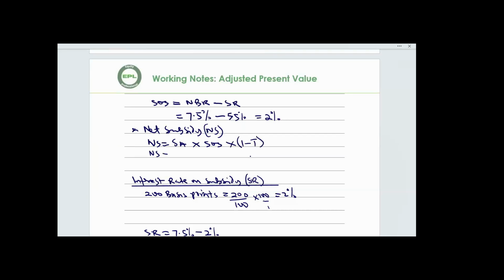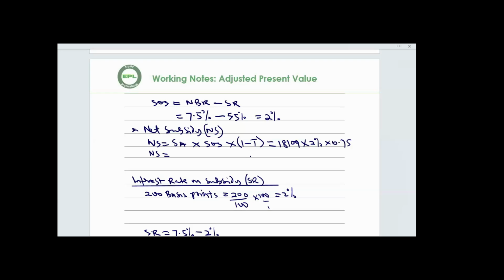Therefore, NS is equal to: the subsidy amount is 18,109, savings is 2%, then multiply by 1 minus tax. The tax rate is 25%, so we are supposed to account for 75%.